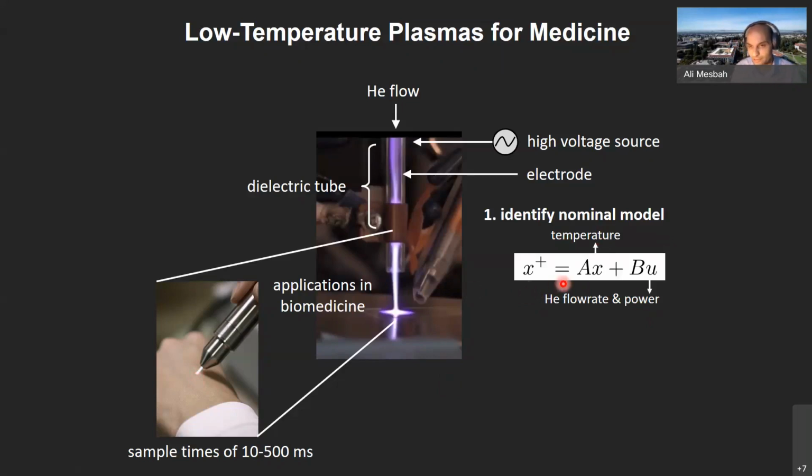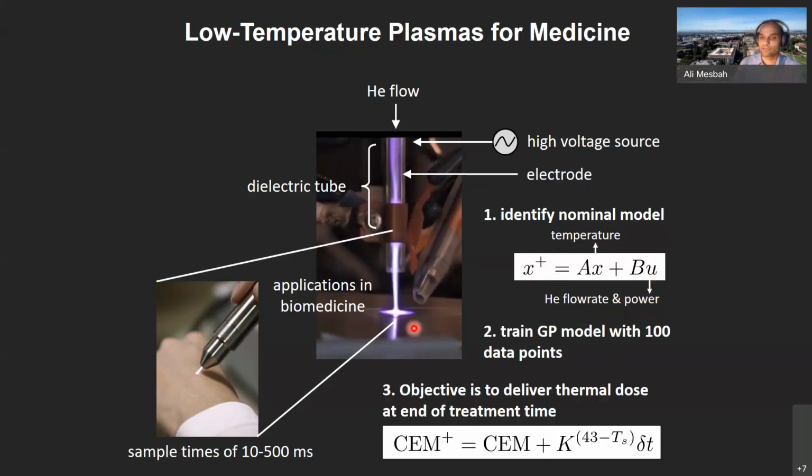So again, this is a very simple model, fully data-driven, that essentially accounts for the two inputs that we have, the power applied to the jet and the gas flow rate, and it models basically the temperature of the surface and the cumulative thermal effects that are being delivered to the surface. So here we are aiming to control the thermal effects that are delivered to a surface.